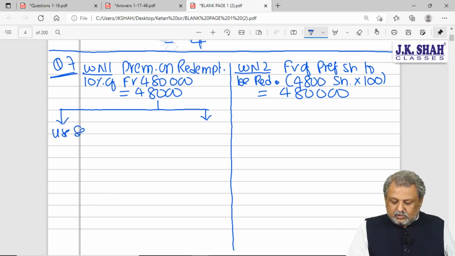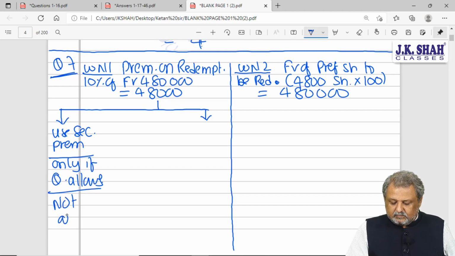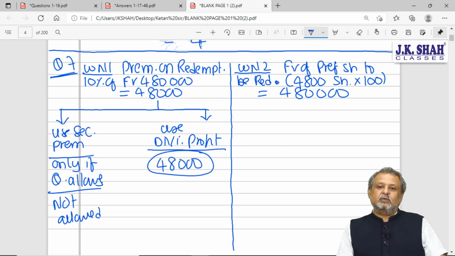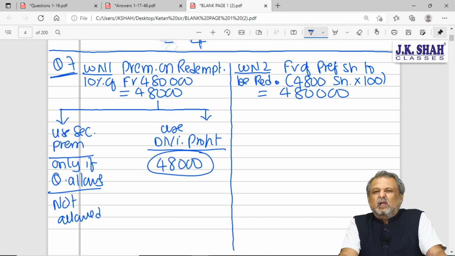So, use securities premium only if question allows, but in this question not allowed. So use divisible profit 48,000. Now divisible profit, you know, general reserve, revenue reserve, reserve fund, P&L and so on.